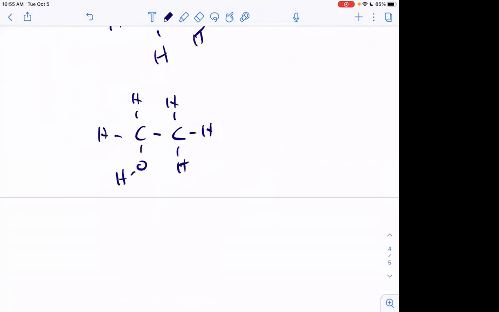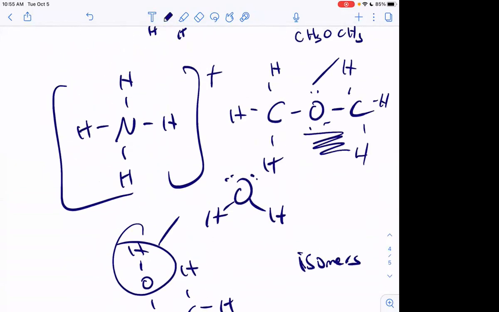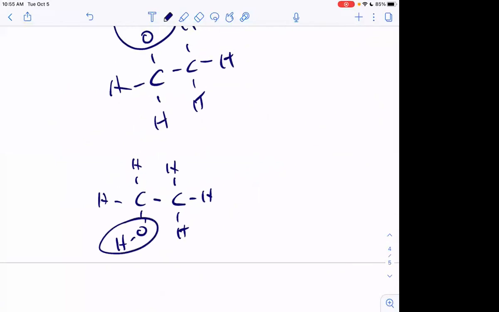Right? Same formula, CH3, CH3. All right. This one is an ether. This one is an alcohol. This makes it an alcohol. That's ethanol right there. So if you had a beer last night, that's what you drank.